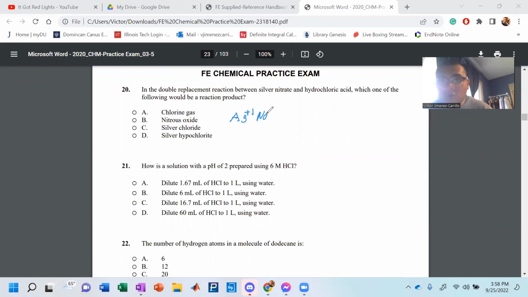Nitrate is NO3, -1 charge. Excuse me, I think it's -3. These are polyatomic ions. Nitride is written differently, and it's a different polyatomic ion completely. But I think it's still -3. There's a polyatomic ion sheet that I can upload to the drive once I remember. It's from high school, something you should remember. This can be written as Ag3NO3.